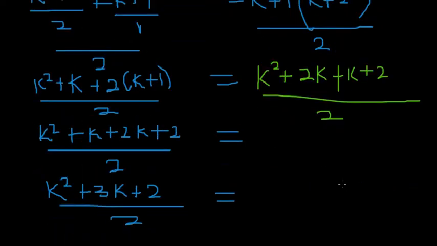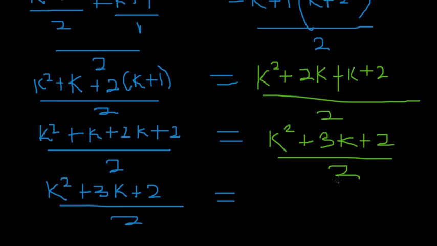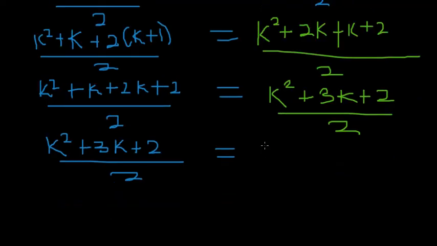And then we have k squared plus 3k plus 2 divided by 2. So you can see that it's the same thing.